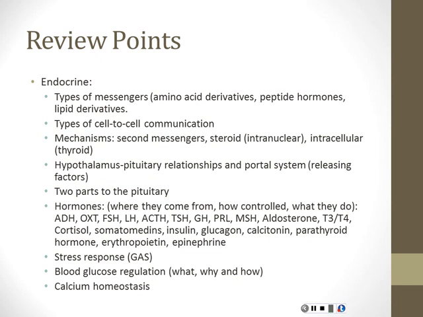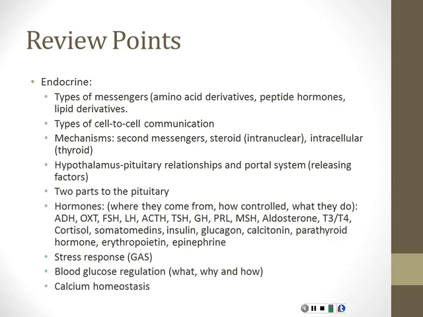Okay. Feels like forever ago, but we did start this semester with endocrine. And one of the first things we talked about in the semester was that there are 3 different classes of chemical messengers, right? There's the amino acid derivatives, the peptide hormones, and then the lipid derivatives.